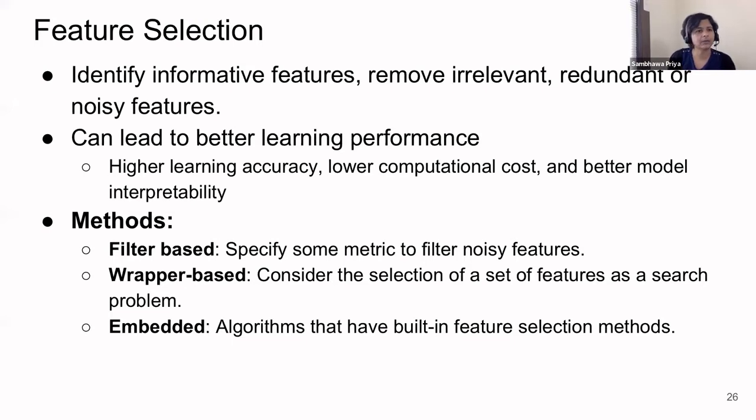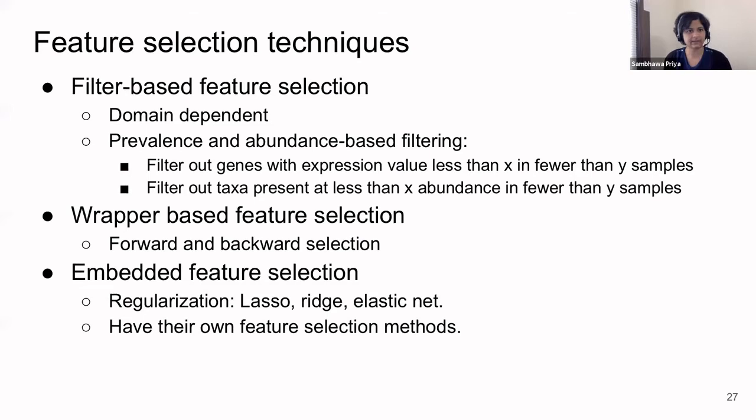Filter-based feature selection is very domain dependent, and there's prevalence and abundance-based filtering. You filter out genes with expression values less than X, for example, in fewer than Y samples. This is just to give you an idea of what kind of filtering you can do to keep relevant features.